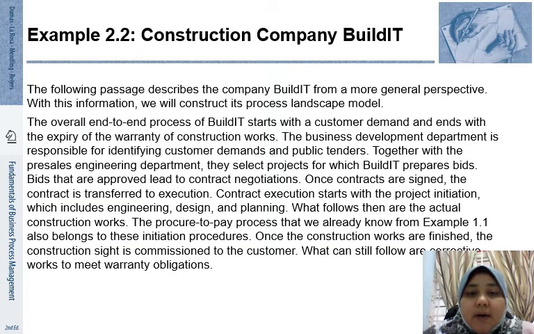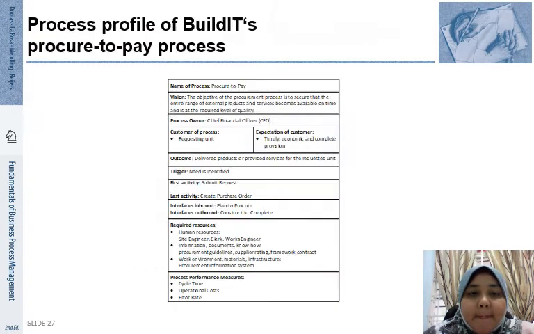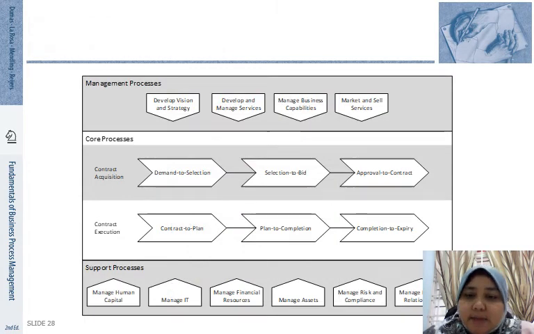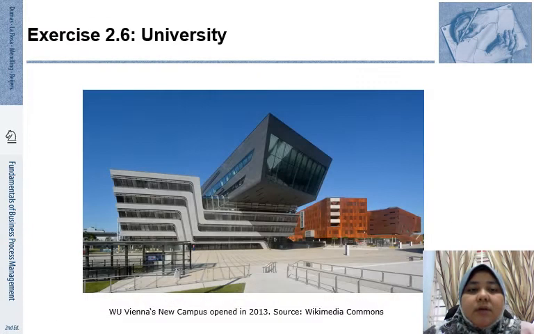Okay. Alright, yang ni ada contoh ni lah. You boleh tengok refer contoh construction build IT ni. Okay. Dan bagaimana dia come up with the process profile. Yang ini adalah dia punya landscape model. Dan sekarang kita ada case university pula.